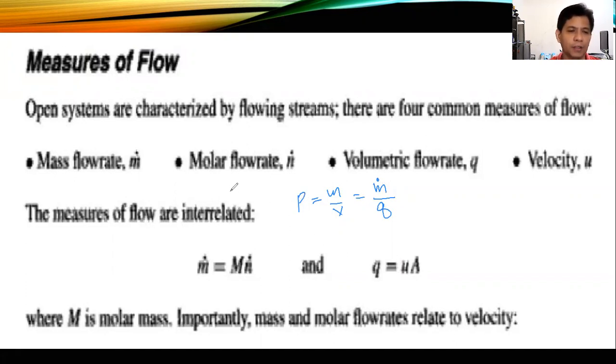Tapos ganun din, ano? Yung mass flow rate, you can relate this sa molar flow rate. Di ba yung number of moles, if you still remember your chemistry, di ba this is simply mass divided by molar mass. Okay lang? Number of moles, mass, molar mass. Tapos yung M is mass, tapos yung capital M is molar mass.